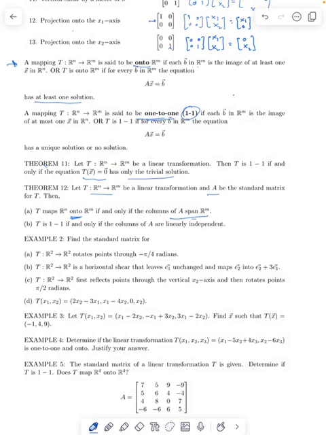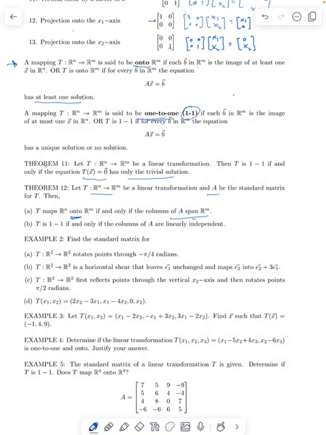If you recall from previous sections, there are a bunch of things which go along with this. T will be onto if the columns of A span Rm.